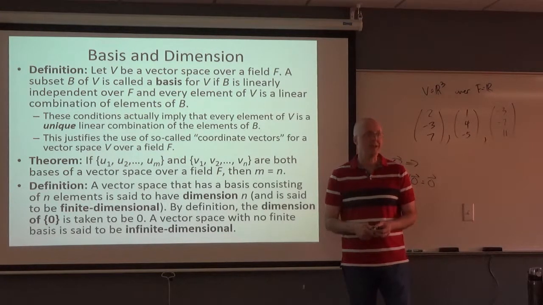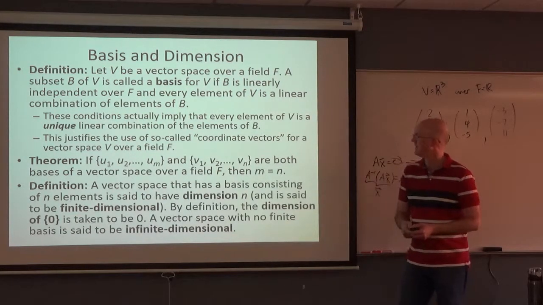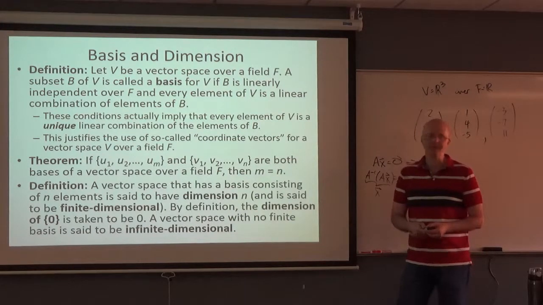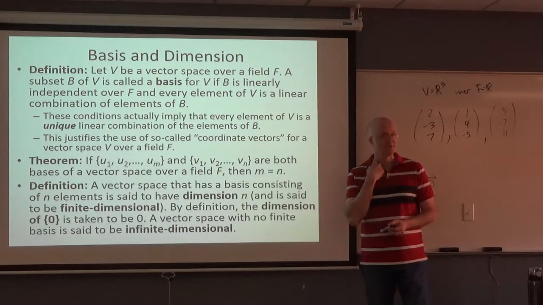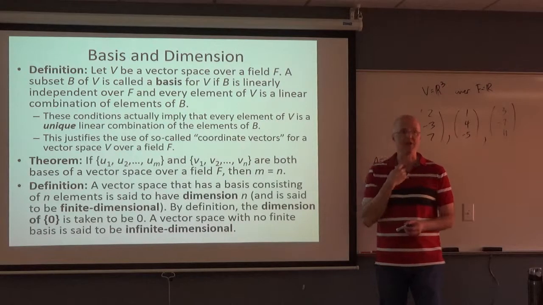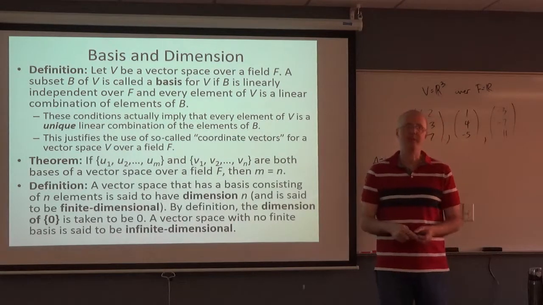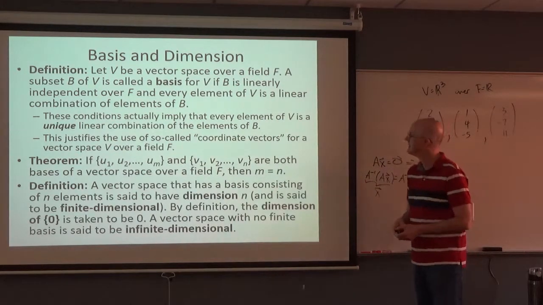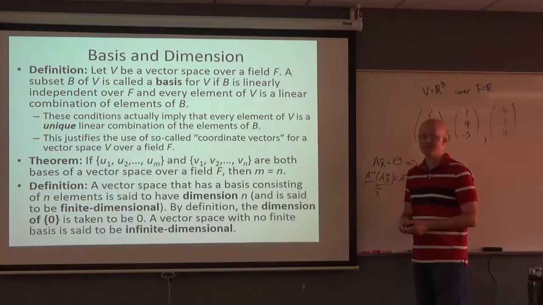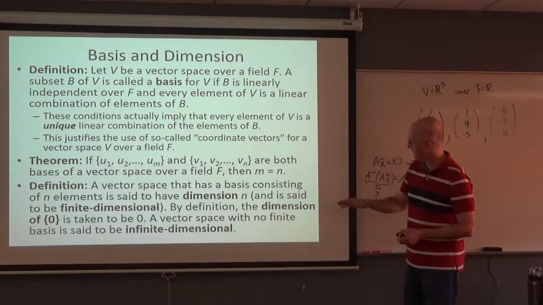So you have many bases for a given vector space. Vector spaces which, as sets, are infinite, you're going to have infinitely many bases, unless F is the trivial vector field, but we don't want that to be the case.